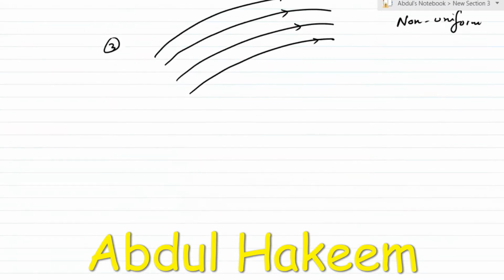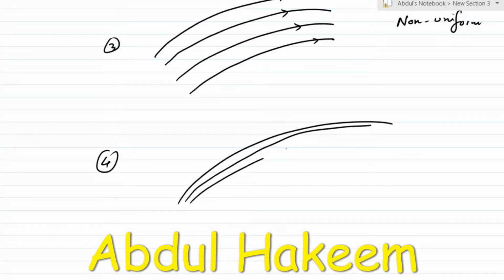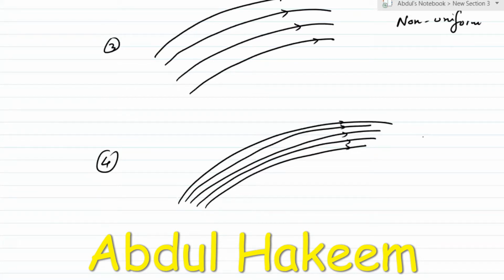And the number four, this is non-uniform, but the gaps are smaller than the previous. So this is non-uniform, but strong. This is non-uniform weak, and this is non-uniform strong.